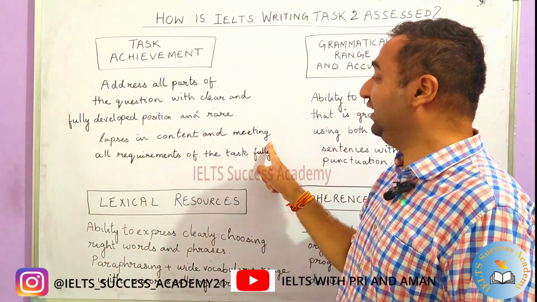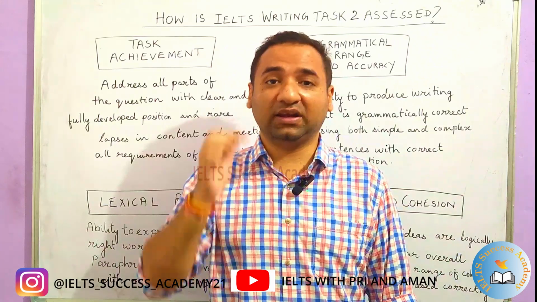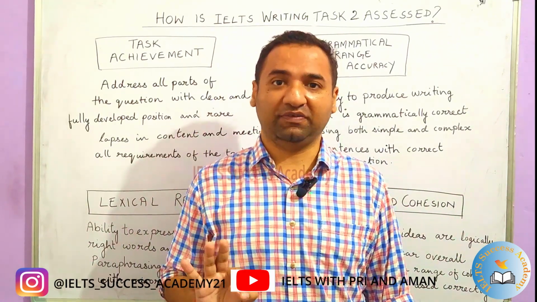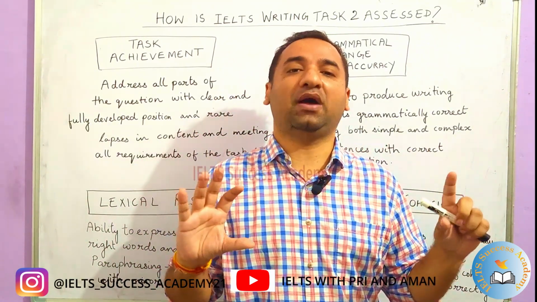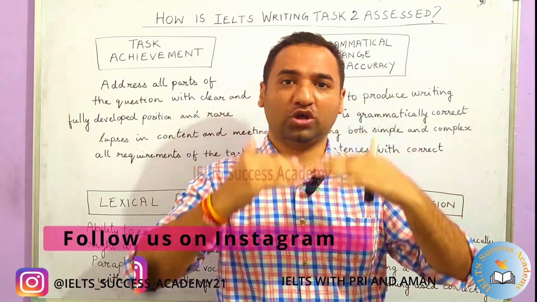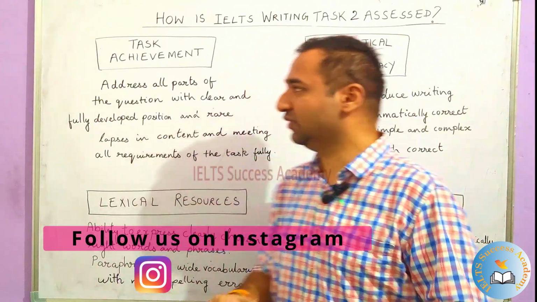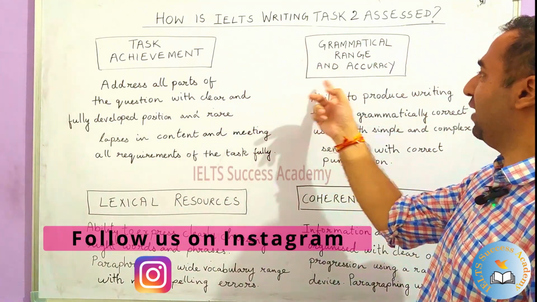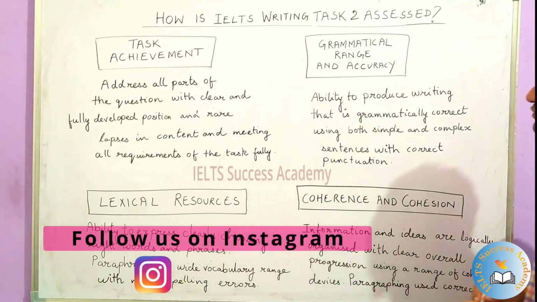Also, meeting all the requirements. What are all the requirements? Writing 250 words, answering all the parts of the question, and making sure that your answer moves logically. Now the second part is grammatical range and accuracy.